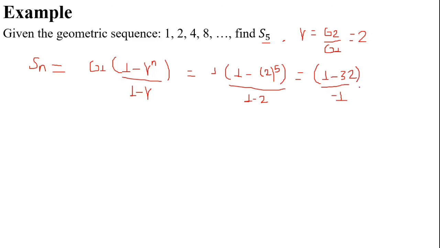So this can be further simplified: 1 minus 32 is minus 31, so minus 31 over minus 1. We can just cancel this negative against this one. So S5 for this geometric sequence can be calculated as 31.